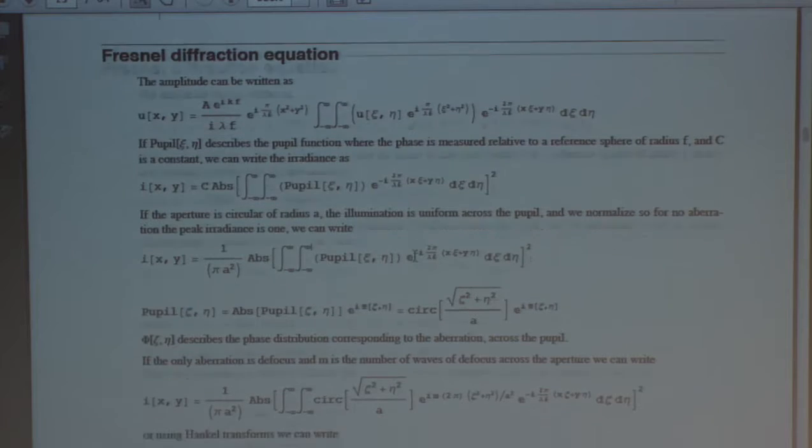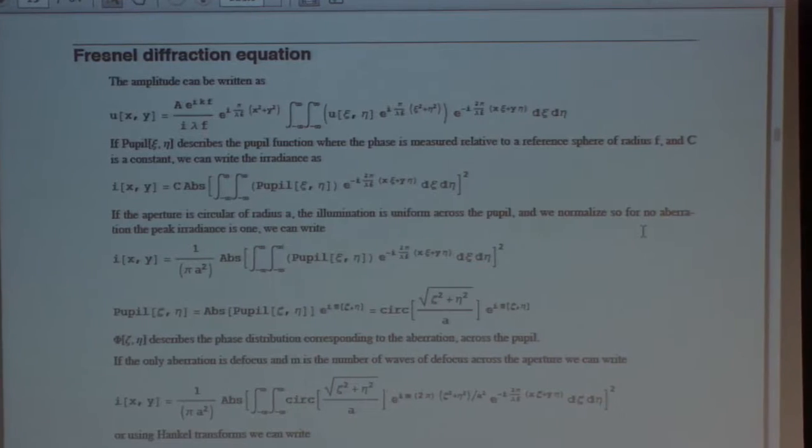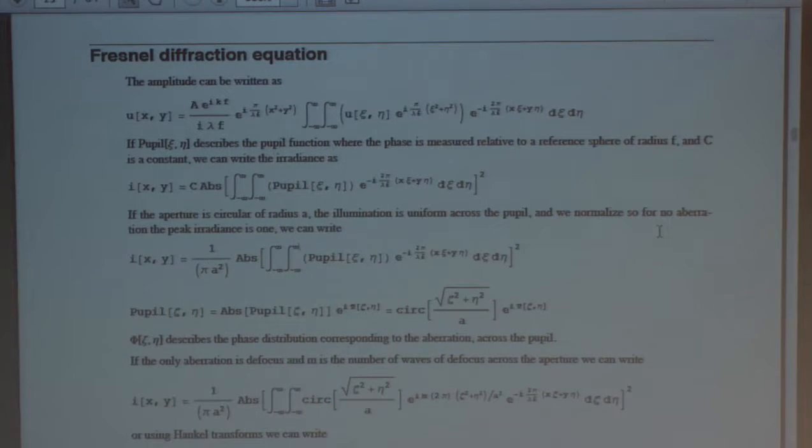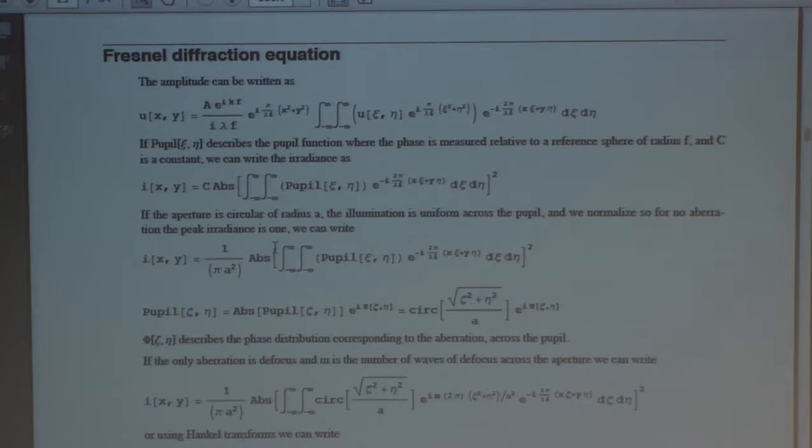And if the aperture is circular with radius a and illumination is uniform, and we're going to normalize, so for no aberration the peak irradiance is 1, then we can simply write this as 1 over pi a squared times the Fourier transform of the pupil function here.